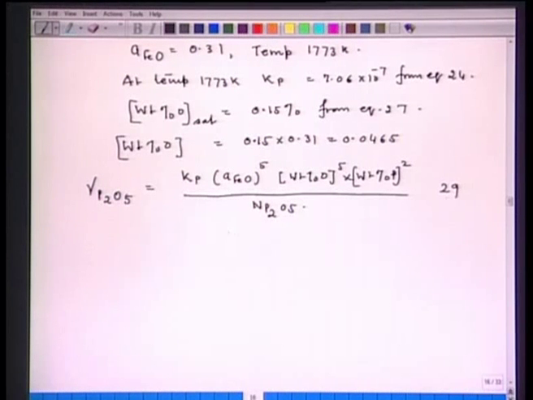Now this equation I just rearranged from equation 28. Now suppose I consider Np2O5 as 0.01 and percent phosphorus as 0.1. Then if I substitute all these values, gamma P2O5 comes out to be 1.53 into 10 to the power minus 13.